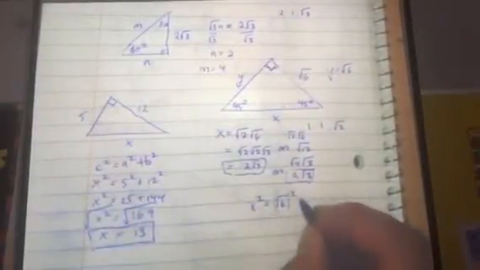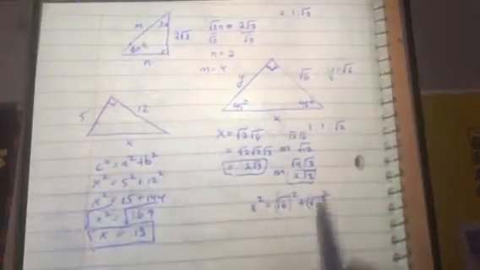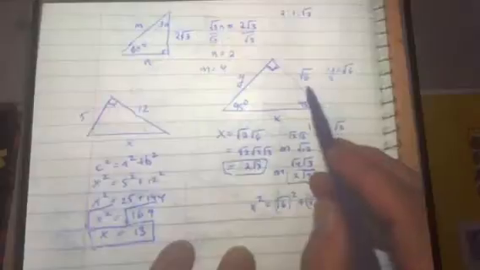But after, for instance, you found one of them, like y equals root 6, and root 6, you could have used the Pythagorean theorem: c squared, in this case x squared, equals root 6 squared plus root 6 squared. That's one way you could do it, a squared plus b squared.